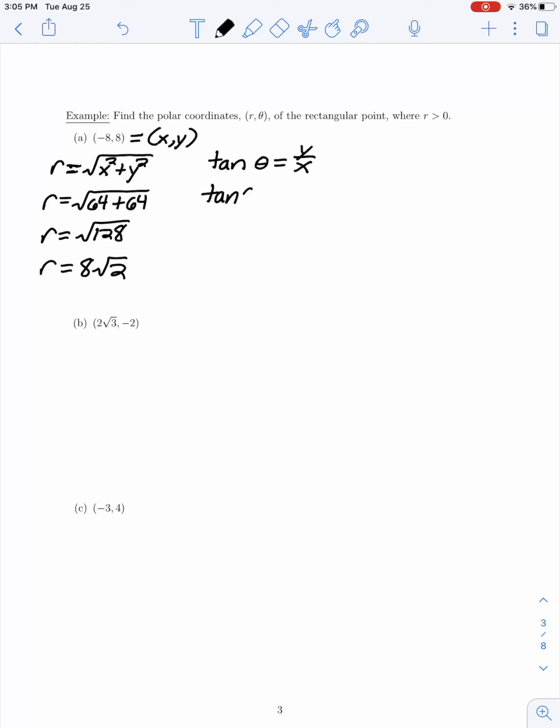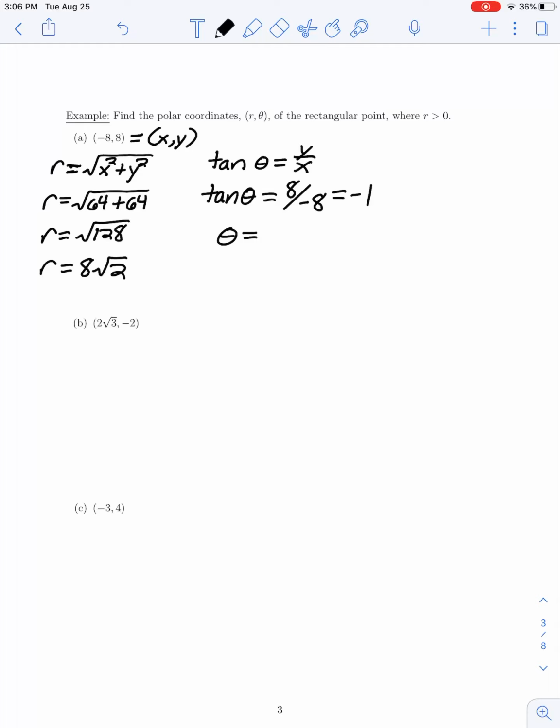So here we would have tangent of theta is y, which was 8, over x, which was -8. So we have tangent of theta is -1. So let's think about the angles for theta such that tangent of that angle would be -1.